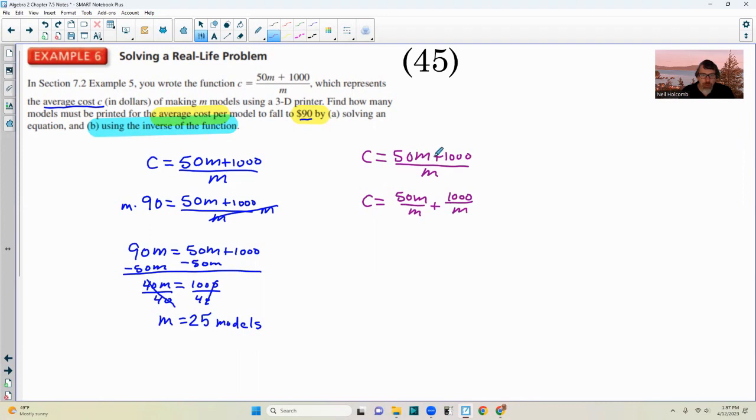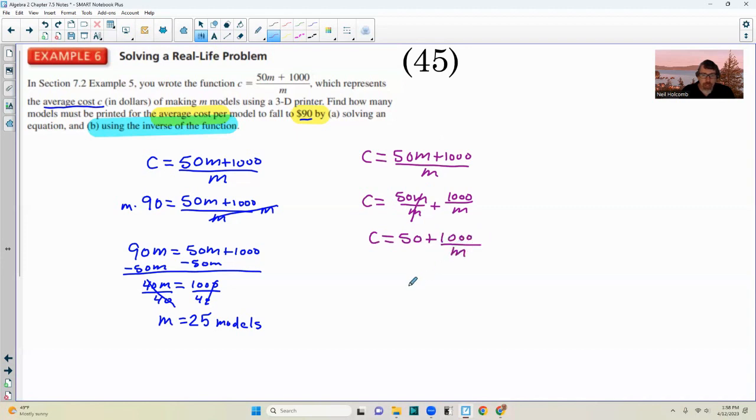When you have a binomial over a denominator, you can split it up into two fractions, with one monomial being the numerator of one fraction with the same denominator and the other being the other, and the sign just goes in between. So m divided by m now cancels, and I get c equals 50 plus 1,000 divided by m.